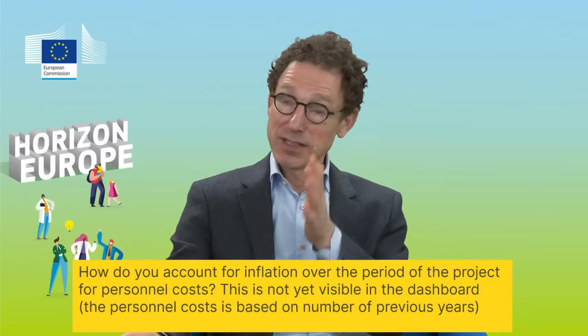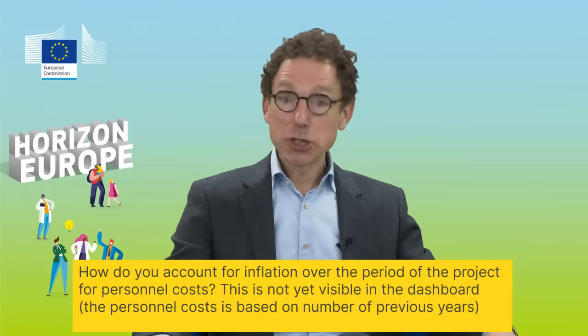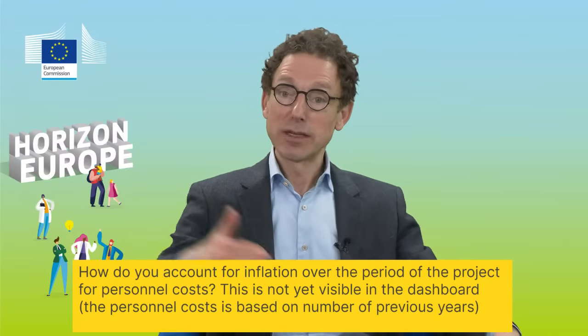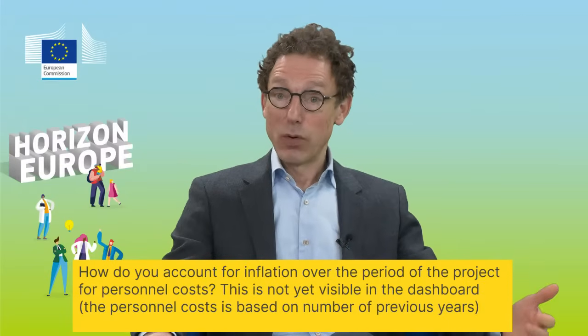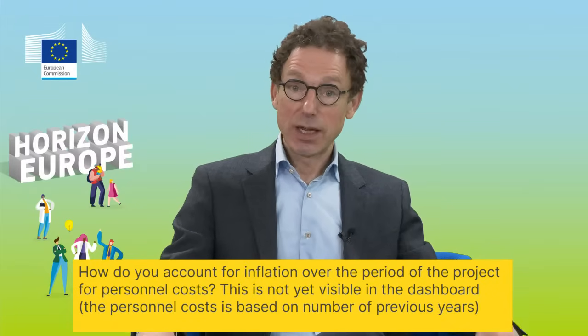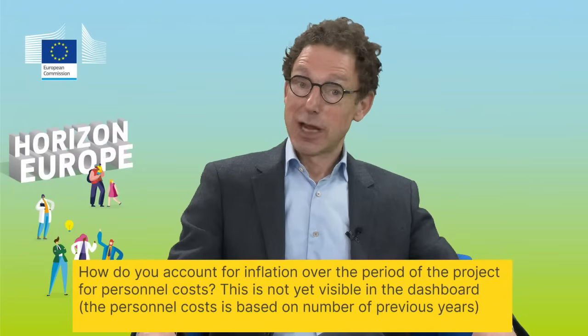If I take an actual cost grant that was signed in 25, the expectation is that the personnel costs signed in this grant have taken into account the inflation over the next 5 years, because they were expected to budget the costs for their project in the future. So this is already taken into account by the fact that we take the budget that people have estimated in their actual cost grants.